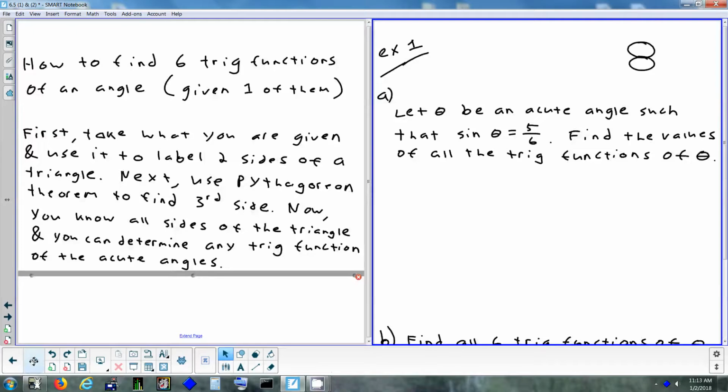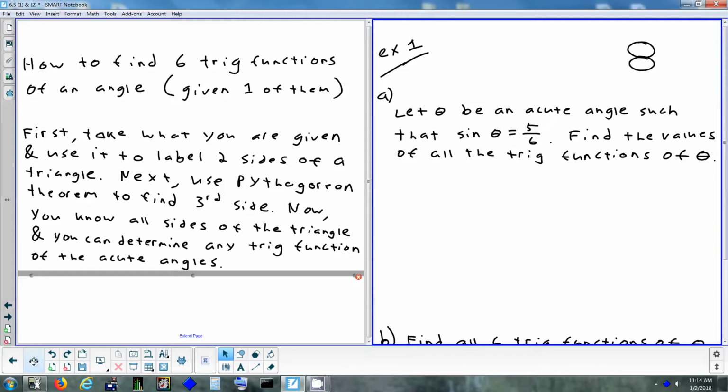So Hannah, what 2 sides are they giving me there? Opposite and hypotenuse. Yeah, they're giving me the opposite and the hypotenuse. How long is opposite? 5. And the hypotenuse? 6.